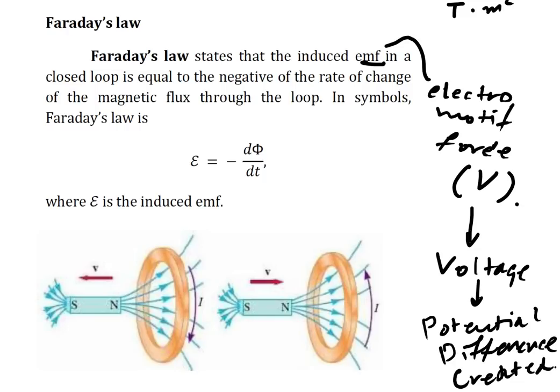In this case, the induced EMF in a closed loop is equal to the negative of the rate of change of the magnetic flux.